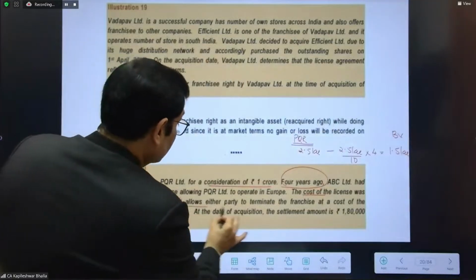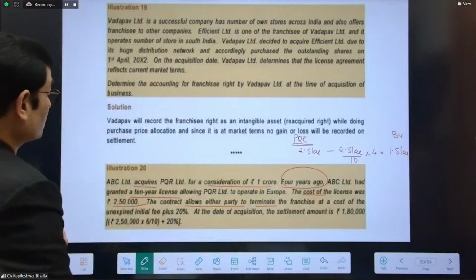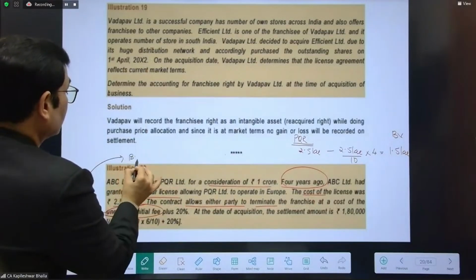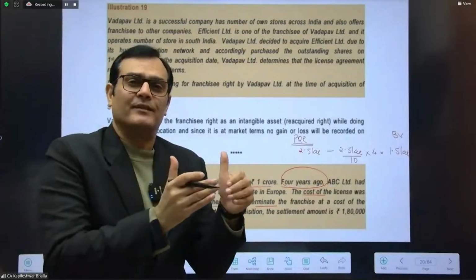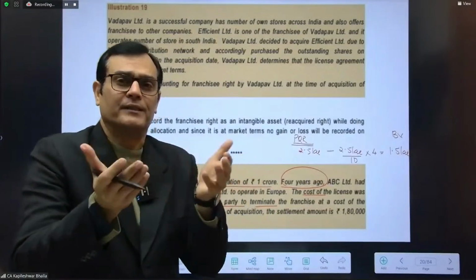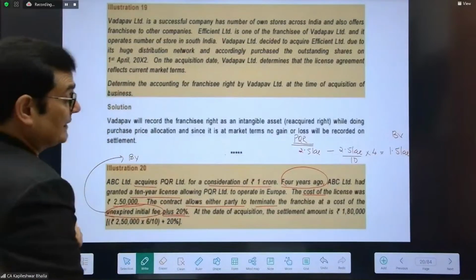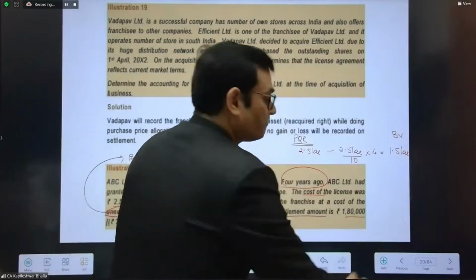The contract allows either party to terminate this agreement at a cost which is the unexpired fee. When I say unexpired fee, it basically means book value, because what is expired is amortized, what is unexpired is the remaining book value, plus 20%. So he says on the date of acquisition, the settlement amount is 1,80,000.